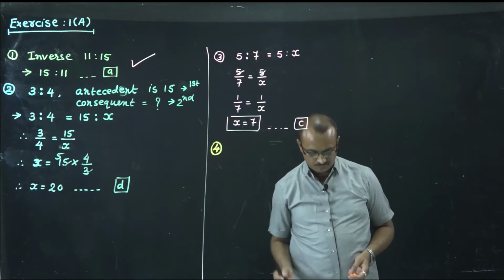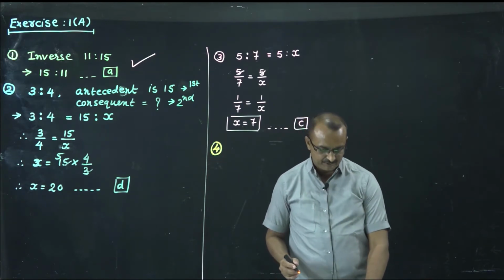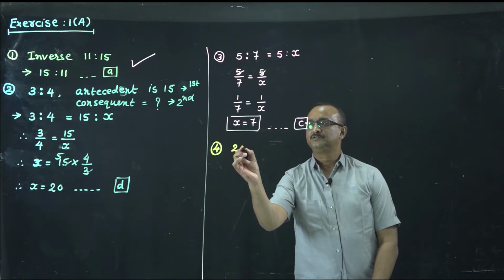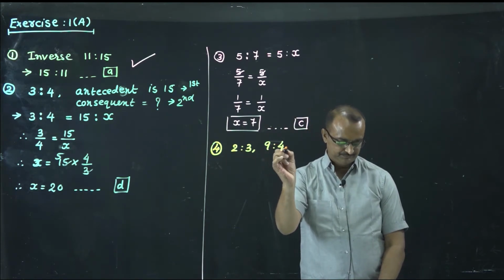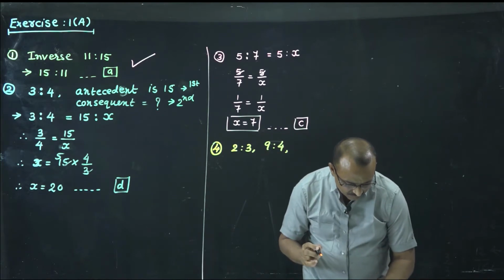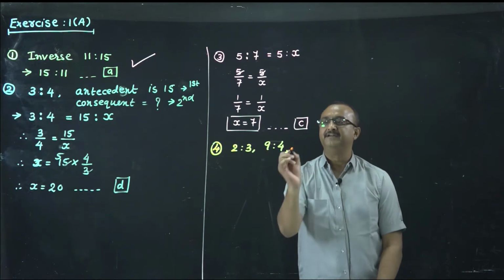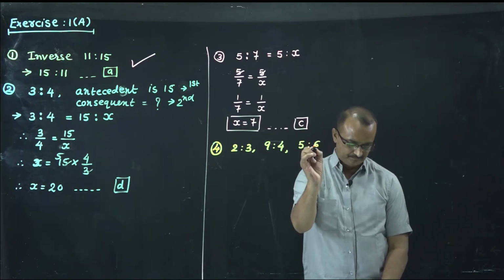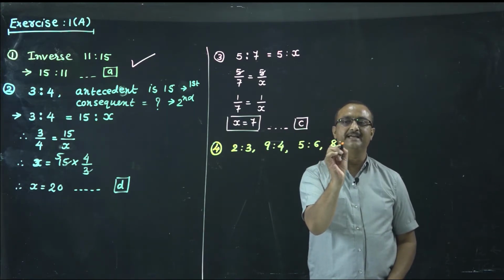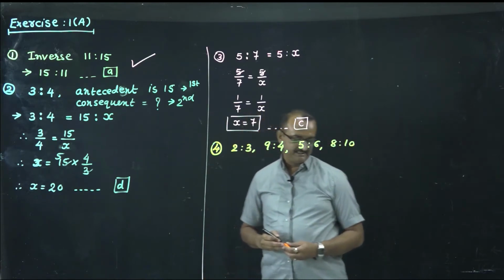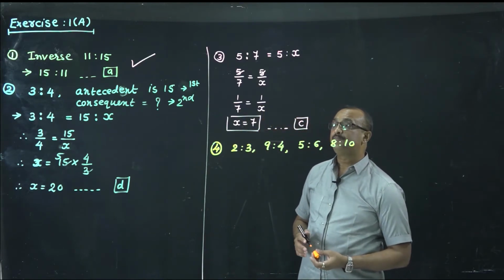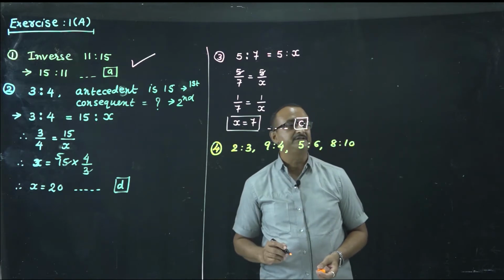Now question number 4. The compounded ratio of 2 is to 3, 9 is to 4, 5 is to 6 and 8 is to 10 is, see, what is the question asking here? To find the compounded ratio. Compounded ratio means what?